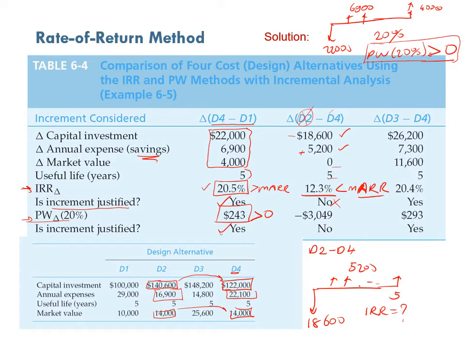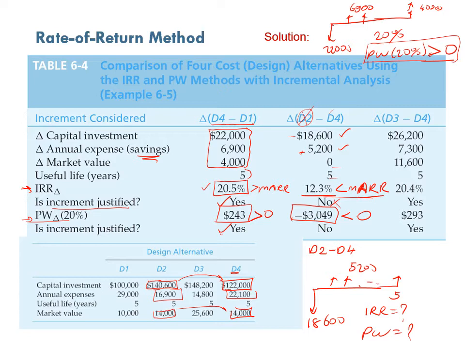Okay, instead of rate of return, if we use the present worth, what we do, again, for this cash flow, we calculate the present worth of this cash flow, and it appears to be negative. And since the present worth of the difference is less than 0, we say that the increment is not justified, and we continue with D4.